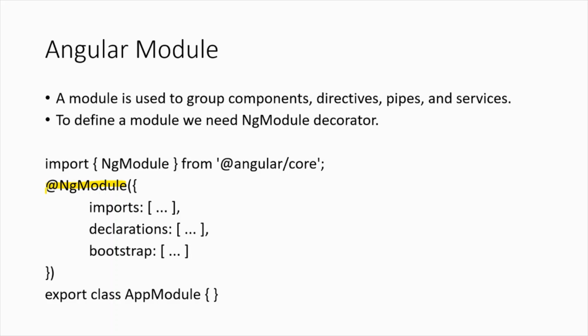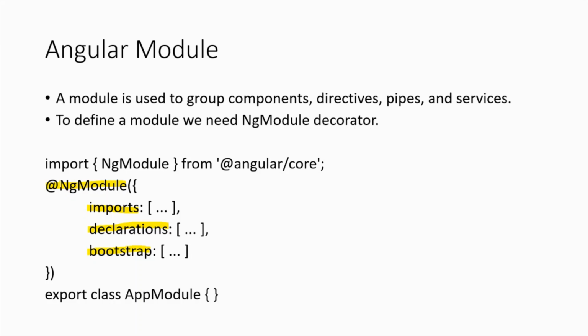So what does this mean? This means that this method is a decorator method and it will contain some type of metadata. So what is that metadata? For this ngModule, we have metadata like imports, declarations, bootstrap. These all are the metadata for this ngModule decorator.